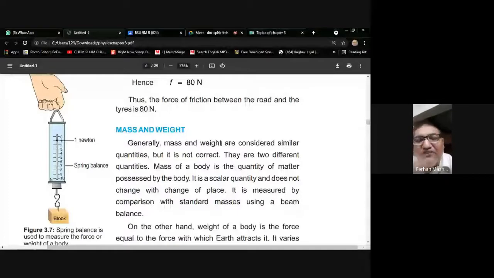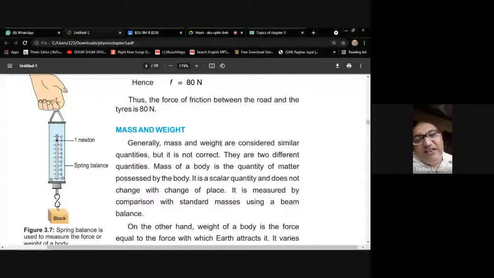Mass in physics means the amount of matter in a body. And the weight means the force with which the earth attracts a body towards its center. That is known as the weight of the body.